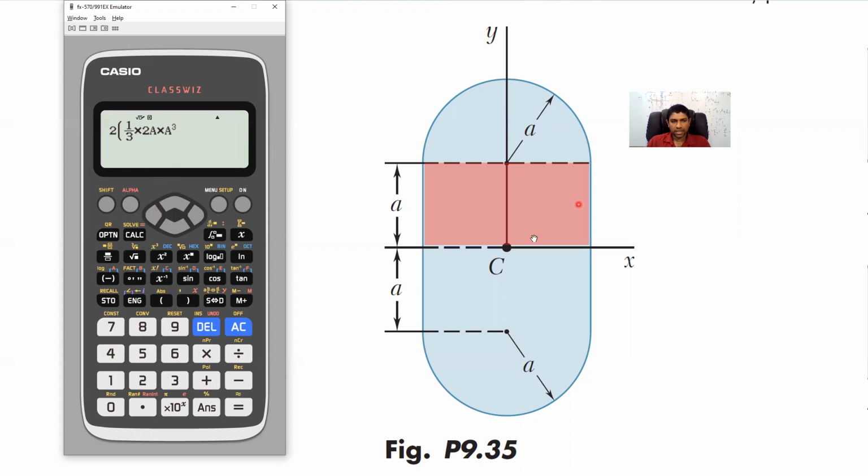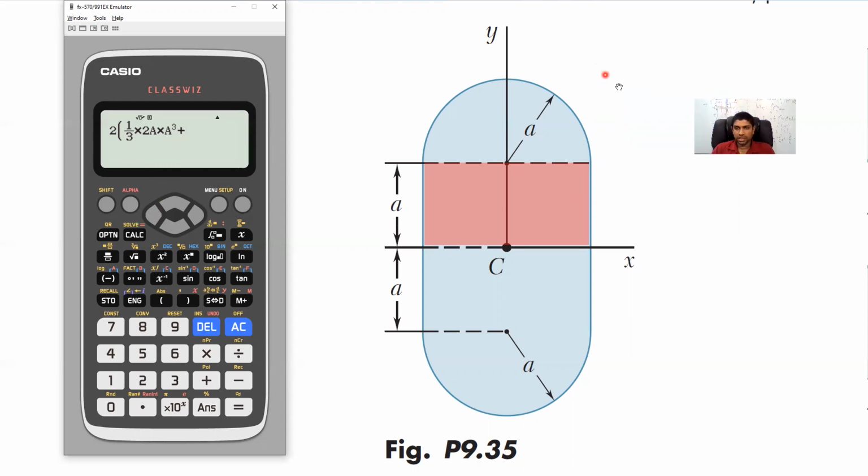So for the red color one, it is 1/3 bh cubed. Then we have to add the Ix of the semicircle.